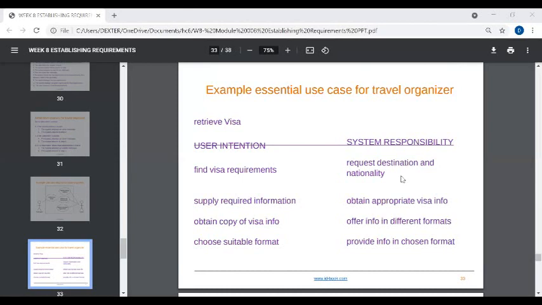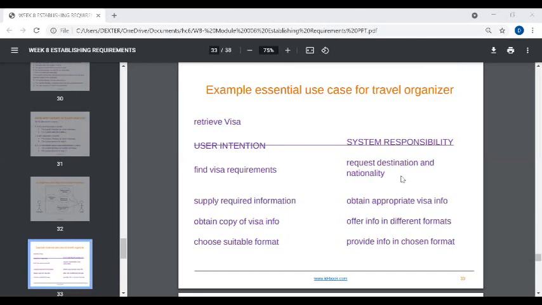The travel agent actor is associated with the use case update travel details. Another actor for the travel organizer is the traveler, for example the Thompson family. So actors may be associated with more than one use case. For example, a traveler is associated with the use case identify potential vacation, as well as the retrieve visa requirements use case. Each use case may also be associated with more than one actor.